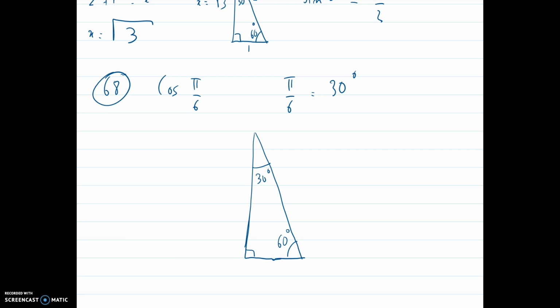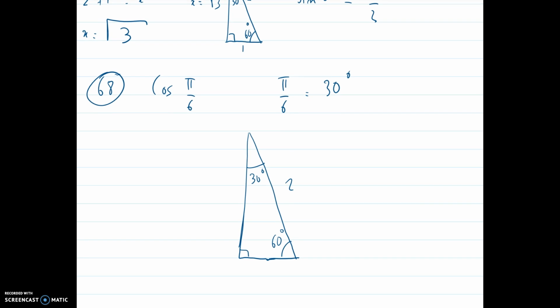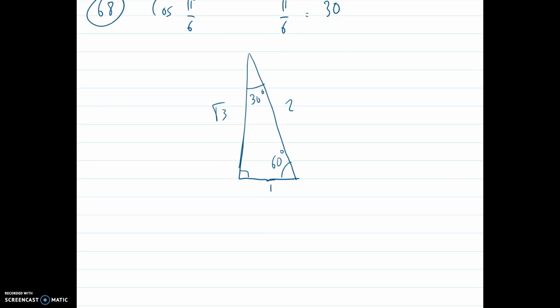So the cosinus of 30 degrees, knowing that I have 2, square root of 3 and 1, obviously the cosinus of pi over 6 is going to be square root of 3 divided by 2, also for number 68.